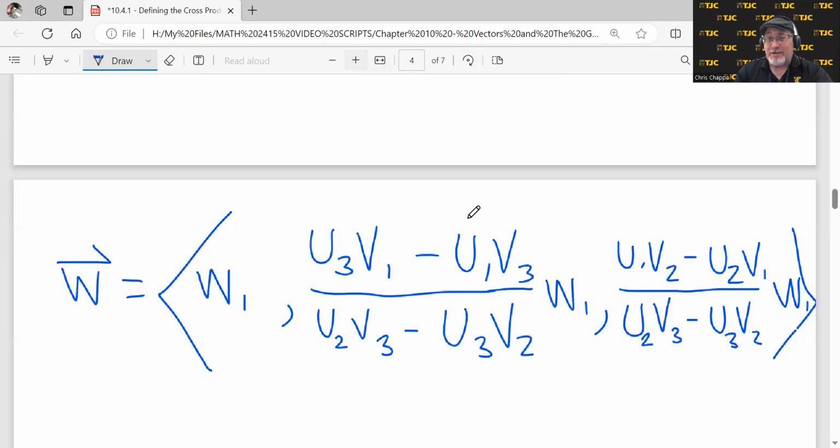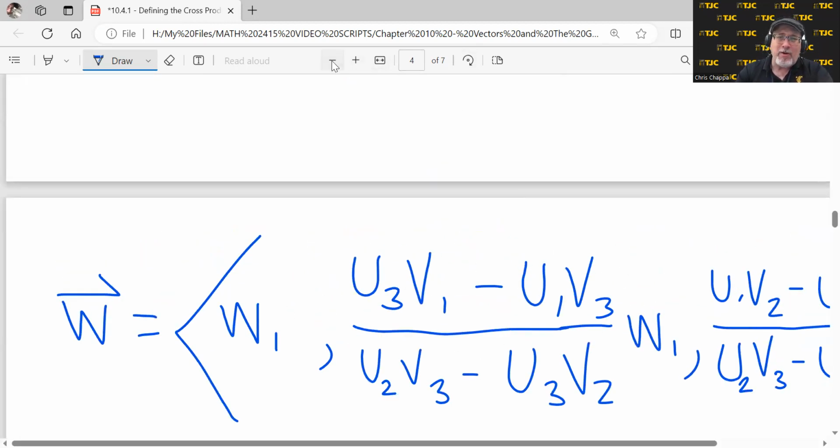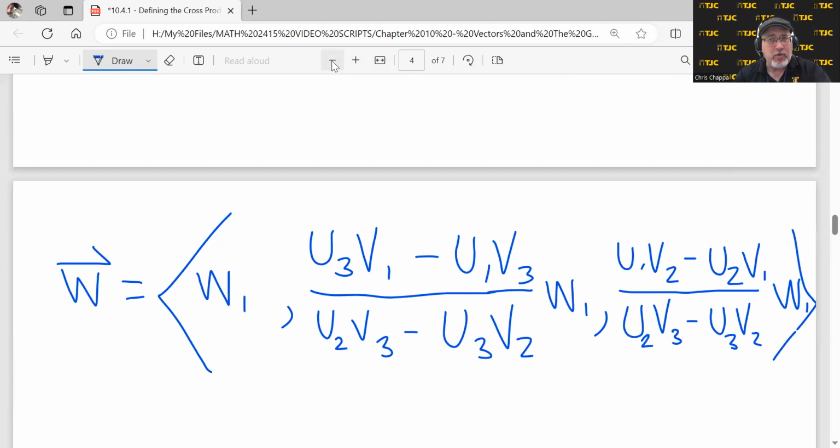Okay, so is this the formula for the cross product? Well, no, this is a formula that will give a mutually orthogonal vector to both U and V. But I'd like a little better looking answer. So what can we do? Well, the answer is if we multiply a vector by a non-zero scalar, we get a vector in the same direction, parallel, if you will.